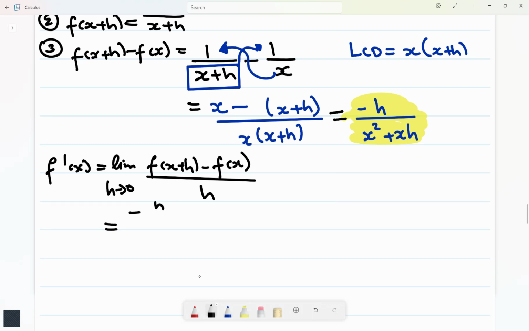Please do not say negative h, like, no. I recommend you to say it is limit. Remember, if you forget limit, from this step going down, you forfeit marks. Okay, everything is going to be wrong. So f of x plus h minus f of x is negative h divided by x squared plus xh. Then I'd recommend you to use this division, divide by h, like that.